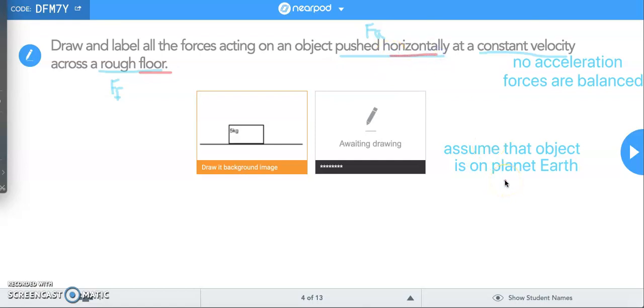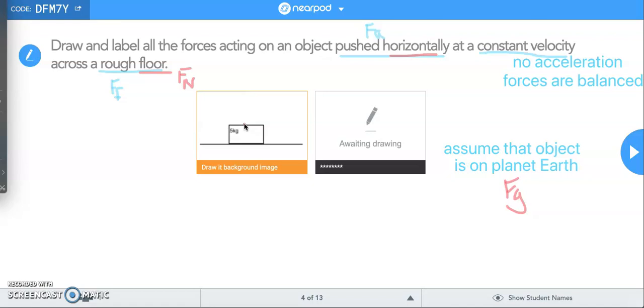And we know that those two forces would be gravity downward because it is on planet Earth, and the floor will supply a normal force. So our final diagram should incorporate all four of these forces: gravity, normal, friction, and applied.